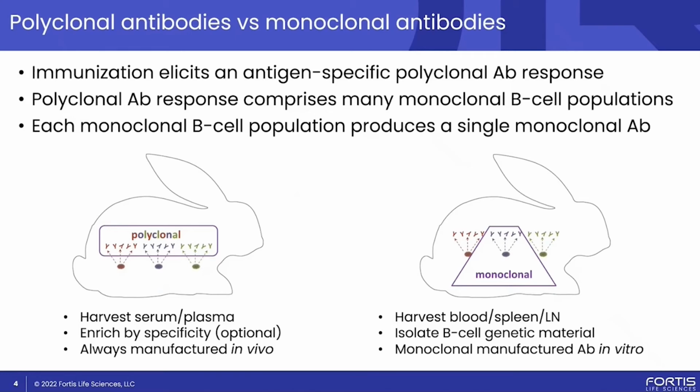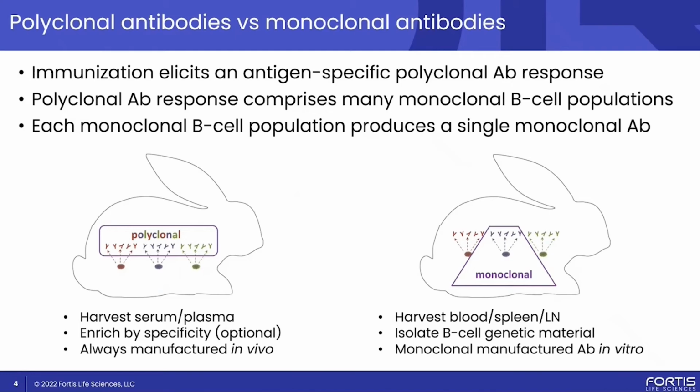So typically, the initial development of antibodies begins with an immunization, which elicits an antigen-specific immune response, and that immune response in the immunized subject is polyclonal. So it comprises many different monoclonal antibodies, which are themselves produced by monoclonal B cell populations.